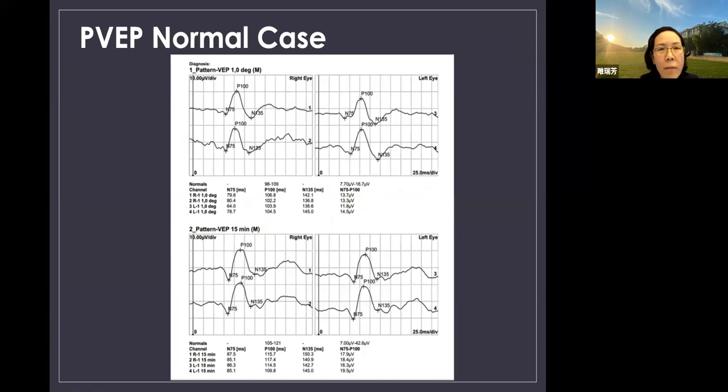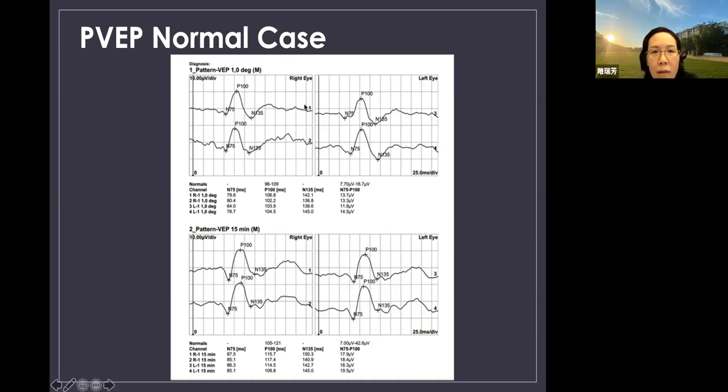Now I will give some examples. First, if we remember a normal waveform, we can easily find the abnormal one. Let's see some normal cases first. These are normal adults.